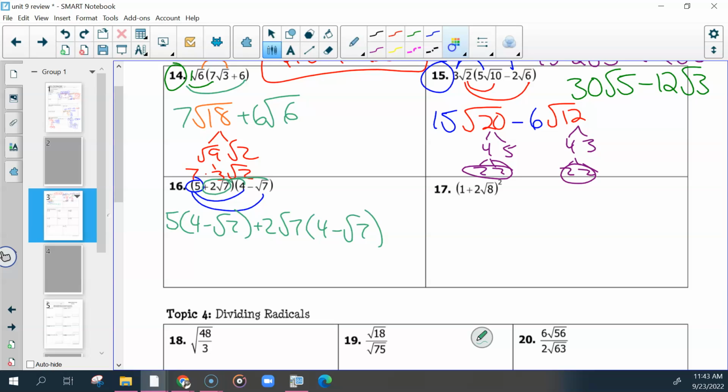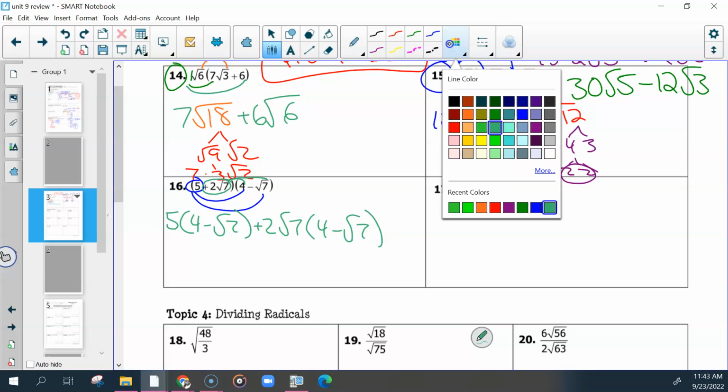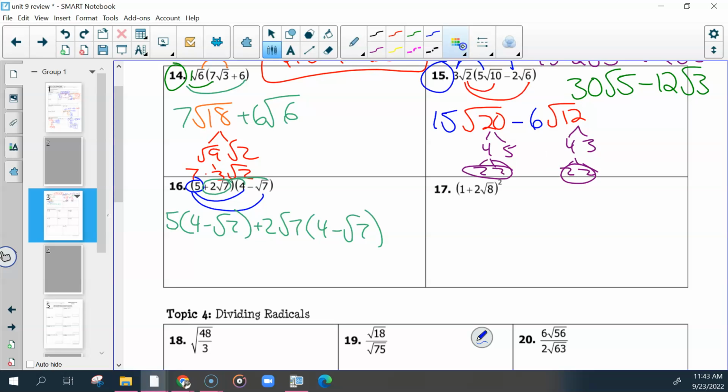Then we can distribute. So the 5 and the 4 would just be numbers multiplied together. The 5 times the square root of 2 would be really multiplying the 5 times the negative 1, and the square root of 2 would be at the end. So negative 5 times the square root of 7, not 2.